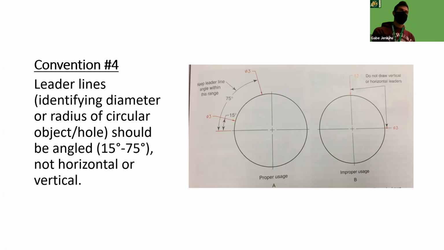So when you're trying to show somebody how big a circle is, you should draw those lines at a diagonal with a tiny little horizontal line to connect to the number.